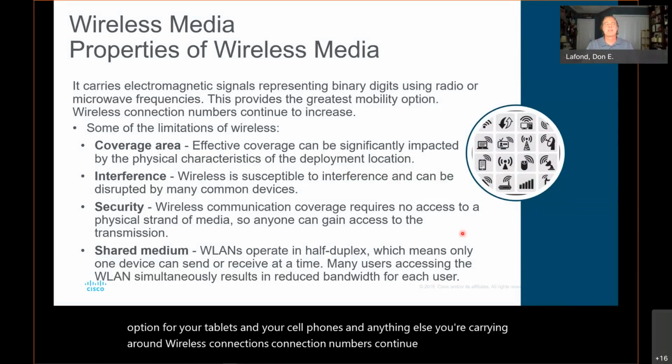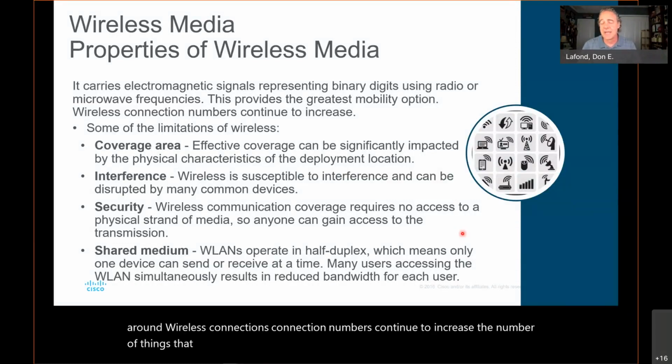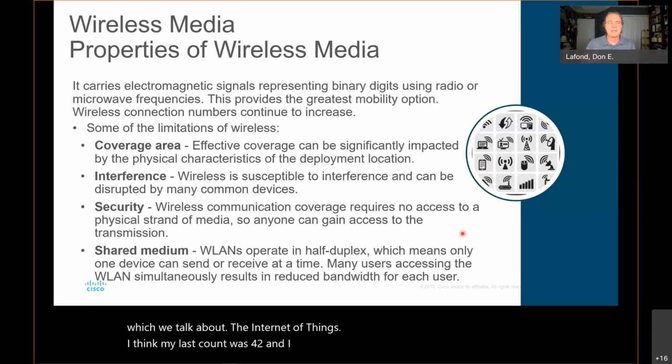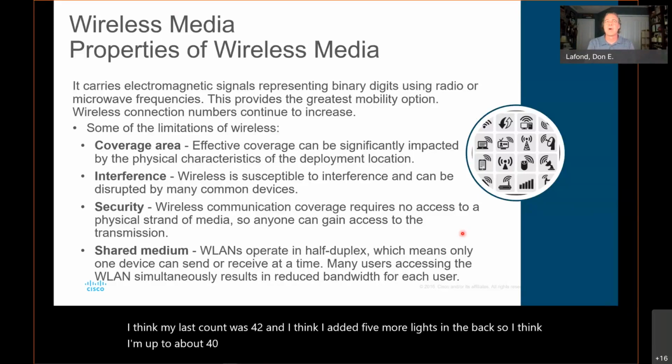The number of things that are connecting wirelessly in my house is amazing. If we're talking about the Internet of Things, I think my last count was 42, and I think I added 5 more lights in the back, so I'm up to about 47 different devices that talk wirelessly to each other.